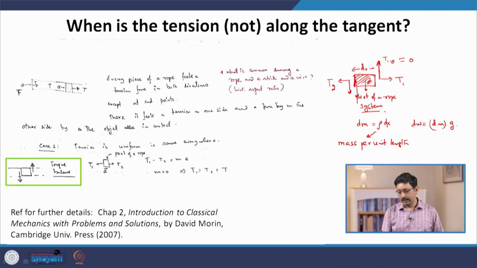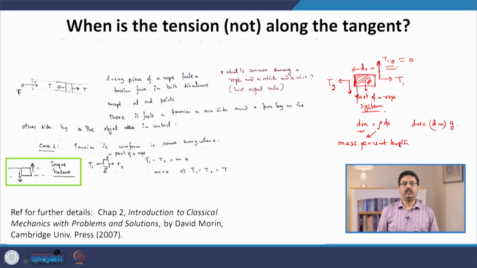Then you see that I can make this length smaller and smaller, so this mass can be made smaller and smaller, whereas the tension does not change because it is uniform, or it is a big force compared to the weight. So the torque produced by the weight is small, and the torque produced by the vertical component of tension will be big.